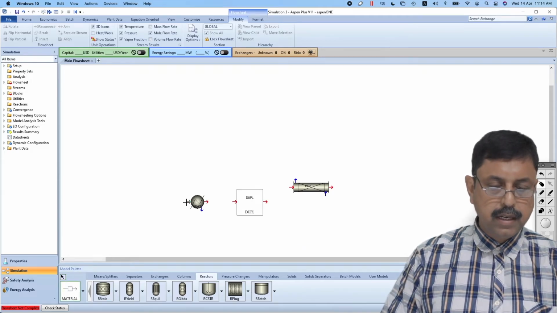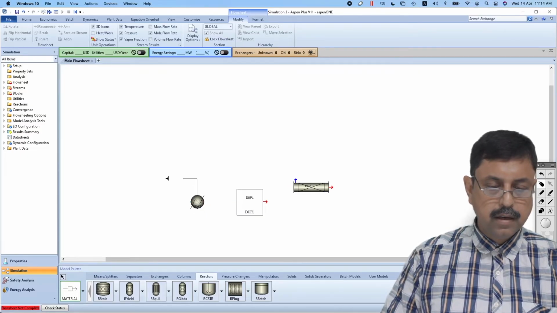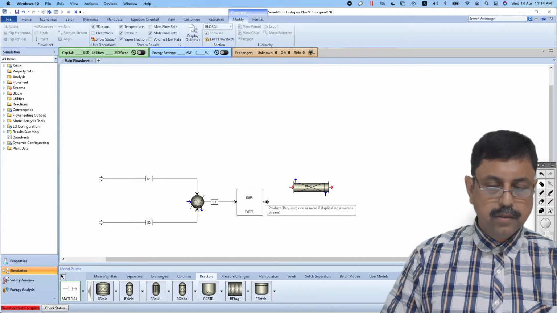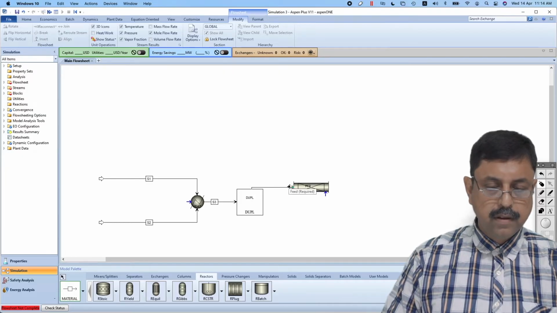Now material in. So this is one material. It is benzene. And this is the combination of propene and butane. This will go to the duplicator. So duplicator will have one feed. This will be PFR out.